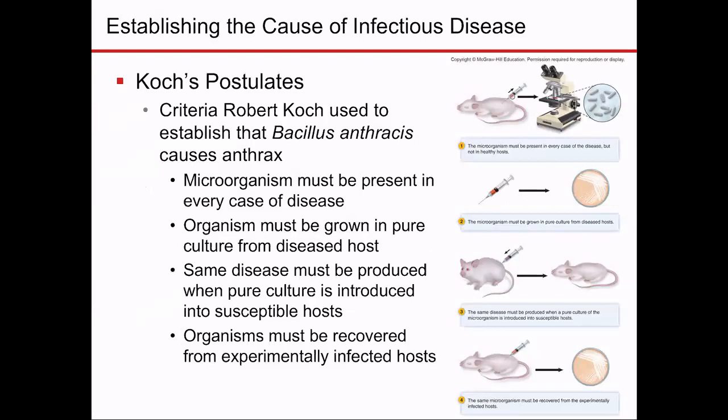Let's now go through who was the first one who established this connection between microorganisms and infectious diseases. The first scientist that thought about this and actually established postulates that guide the process of finding the etiological agent, the etiology, the cause of the disease, was this scientist, Robert Koch.